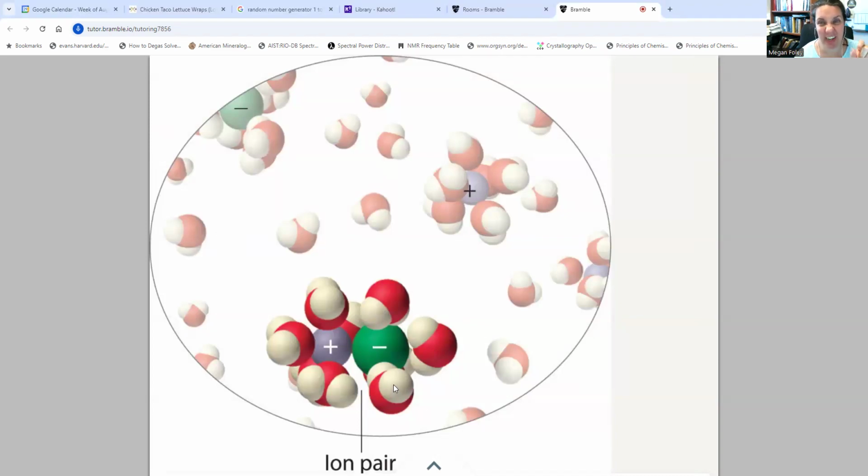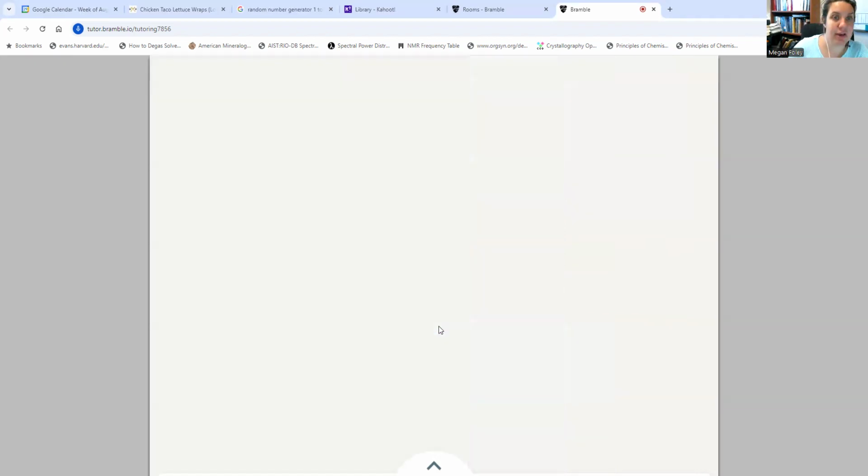That's why we call it incomplete dissociation, because they're not completely dissociating away from each other, or they're forming an ion pair. So this would act as a particle, and then this would act as a particle. So if we have fewer particles breaking down than expected, then we would have a lower than expected Van't Hoff factor.